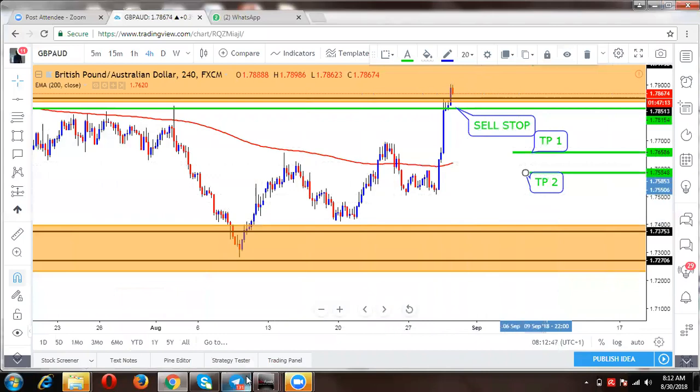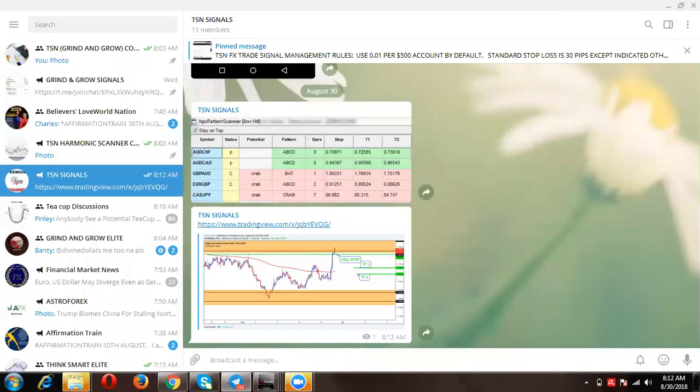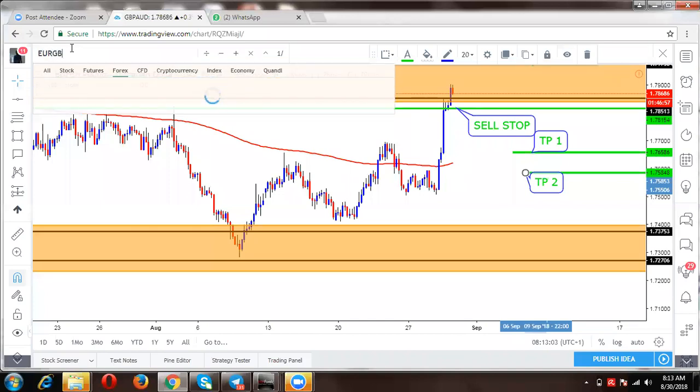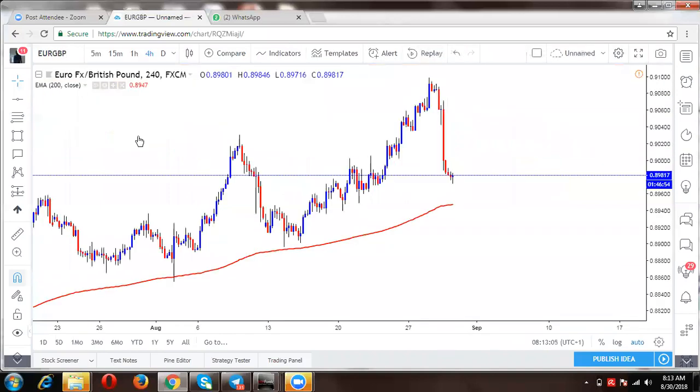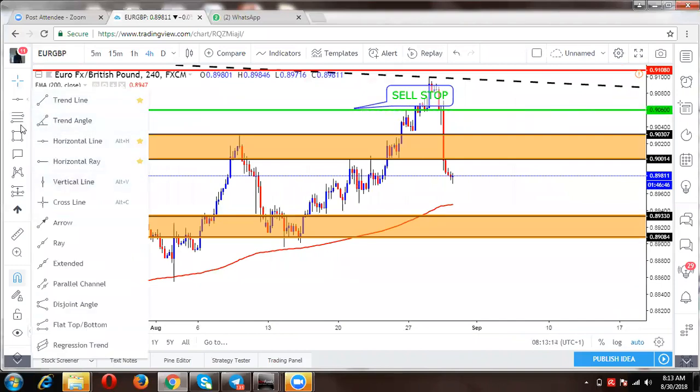We have another one we're going to be checking out. We're going to look at AUD card. That's pending. Okay, Euro GBP on the 4 hour. Euro GBP is confirmed. So let's verify Euro GBP. Although we had the trade for this yesterday, if you took this sell stop, you should have been in some massive profit.